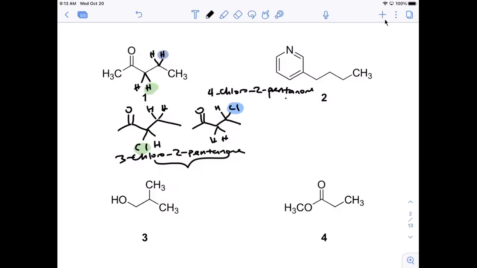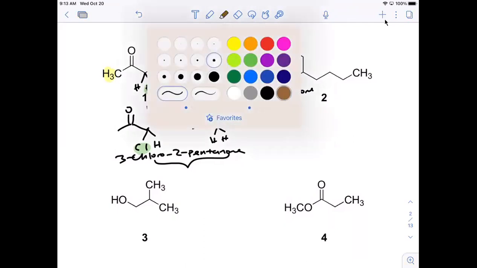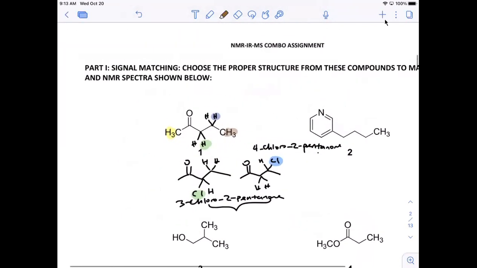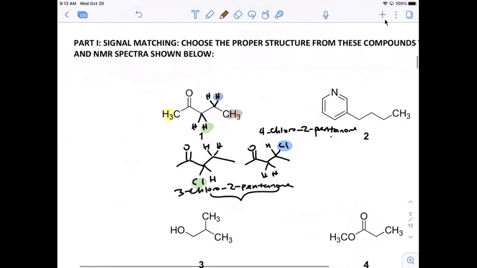Just by the same token, the CH3s here and here are not equivalent. Do y'all agree with that? Yes. All right.